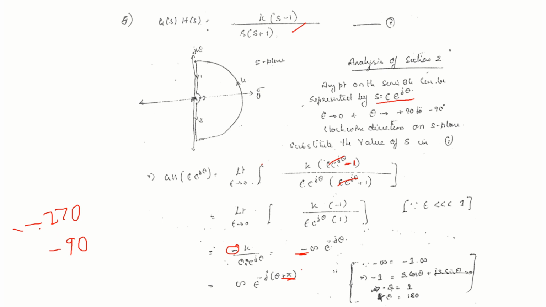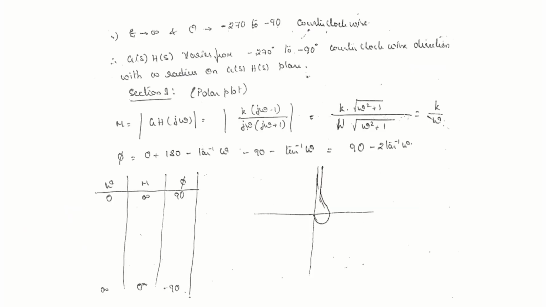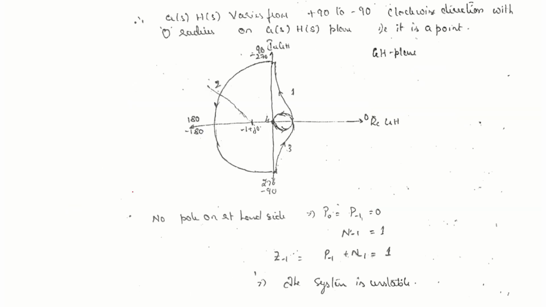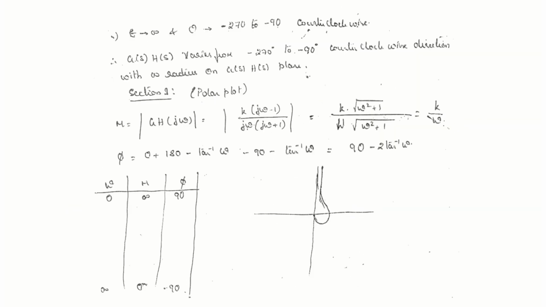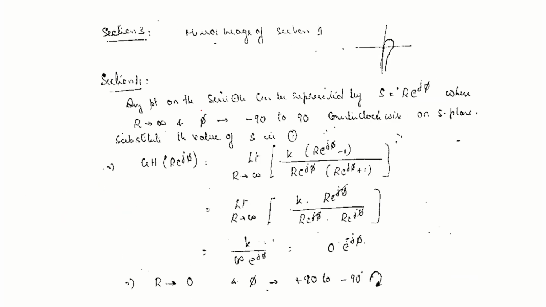So you have to draw minus 270 degrees to minus 90 degrees. Here it is clockwise, but it should go in the counterclockwise direction. So the plot should start at minus 270.